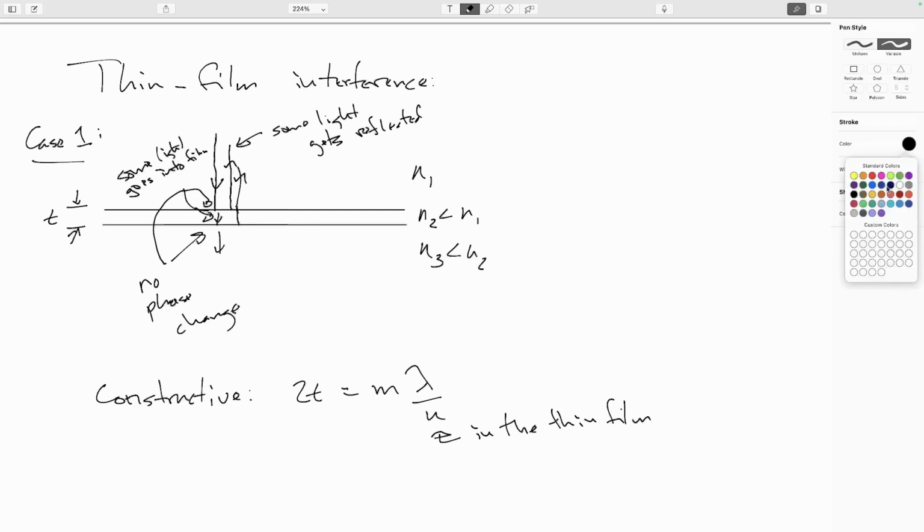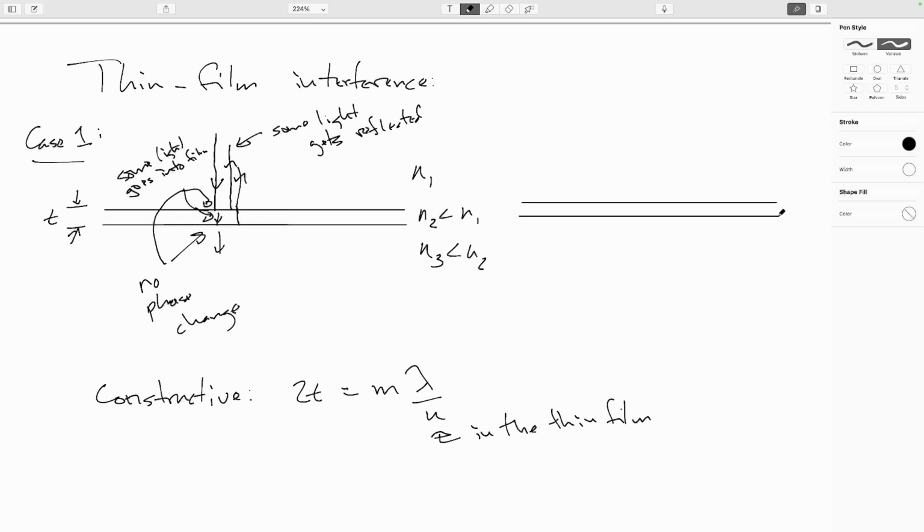Now there's another possibility. Let me go ahead and redraw here. So for our same thin film like this, N1, say N2 greater than N1, N3 greater than N2.